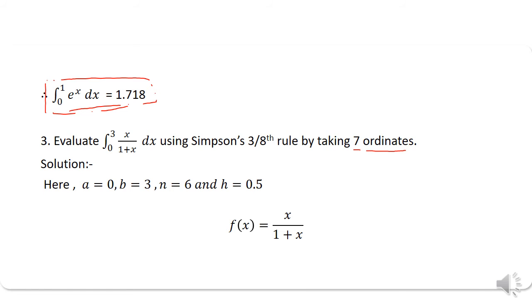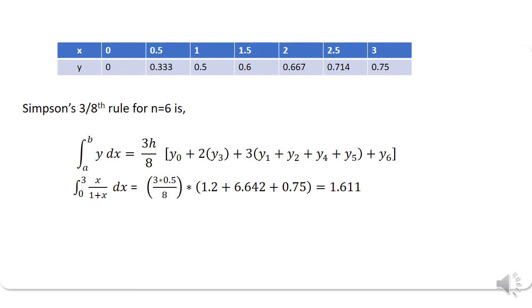By substituting these values in the formula h equal to b minus a by n, we get h equal to 0.5. And the function is f of x equal to x by 1 plus x. Make a table. Our lower limit is 0 and upper limit is 3 and h value is 0.5. Add 0.5 in each term: 0, 0.5, 1, 1.5, 2, 2.5 and 3.